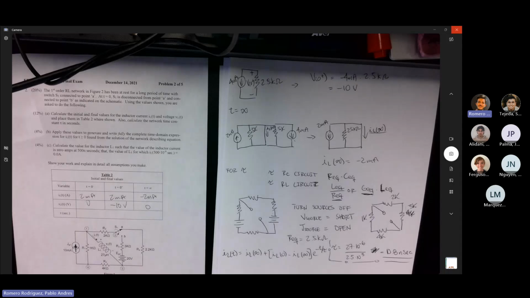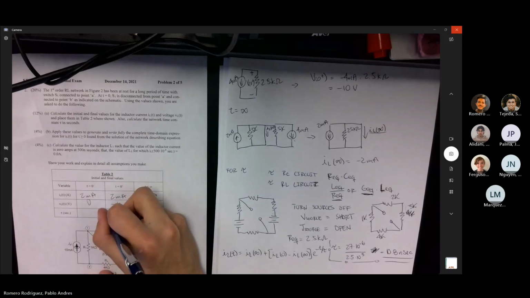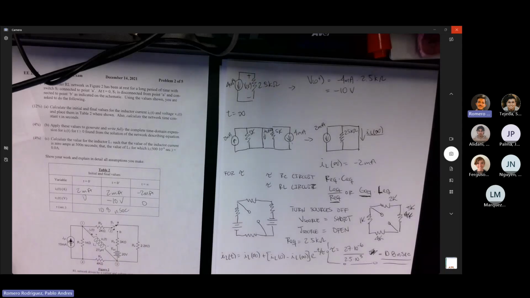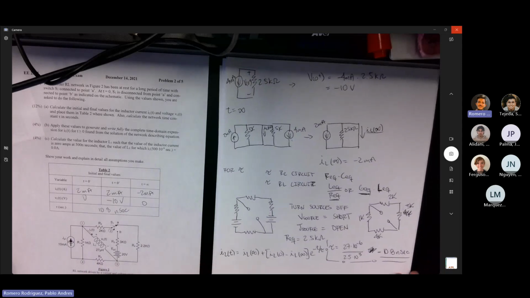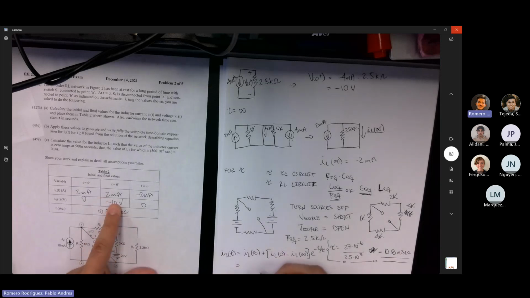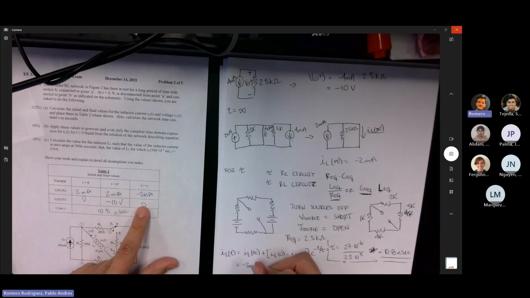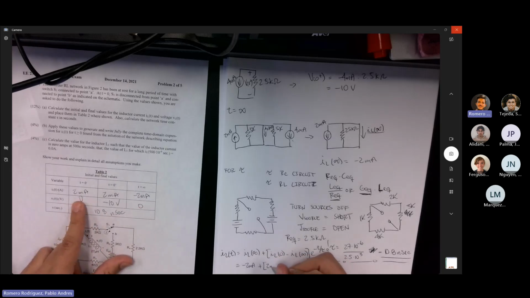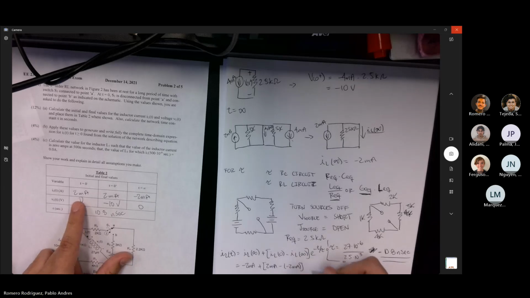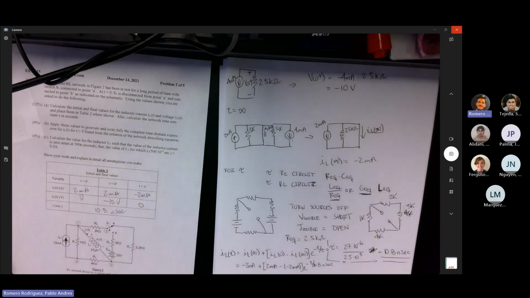Out of which we know all of them. So 10.8 nanoseconds. So let's plug it in. So IL infinity is negative 2 milliamps plus IL of 0 is 2 milliamps minus negative 2 milliamps times e to the negative t over 10.8 nanoseconds. Okay.